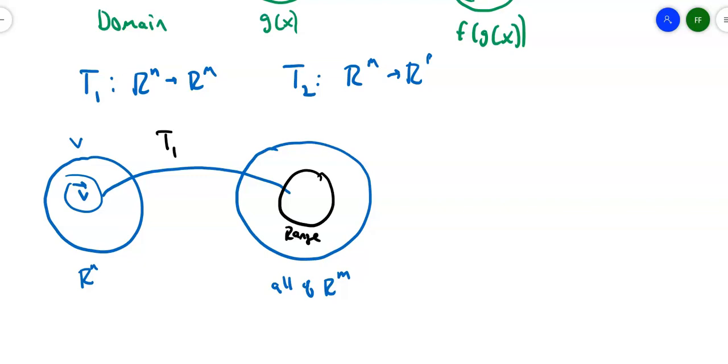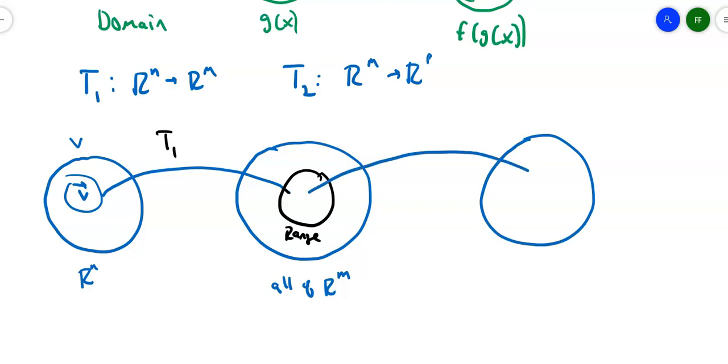So the range is a subset of all of Rm. So over here now, we're in m-dimensional space. Now, I've got another transformation I'd like to apply, T sub 2. That's going to land me here in p-dimensional vector space, but in there is the range of that transformation. So the range, again, is a subset of all of Rp.